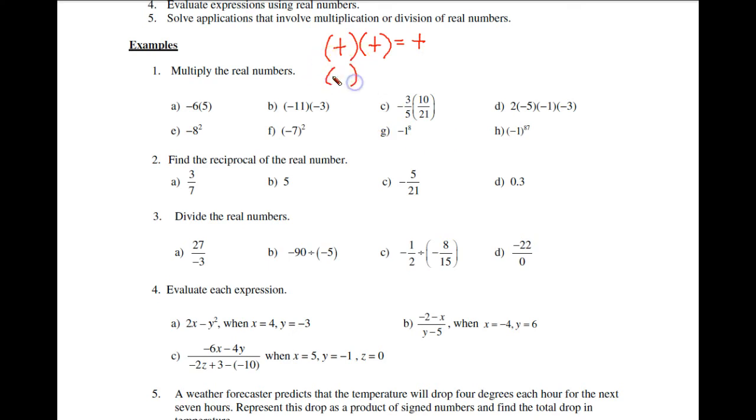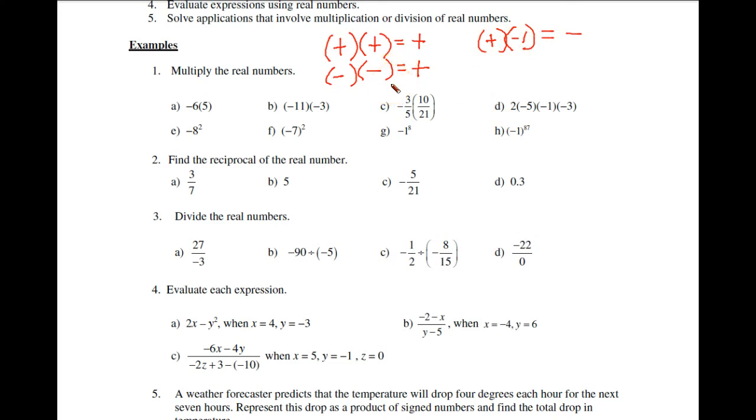If you have a negative number multiplied by a negative number, the answer is positive. So what we're saying here, if the signs are the same, that is, like signs, the results are positive. Now, if one is positive and one is negative, then the results are always negative. And you could flip this around the other way here.